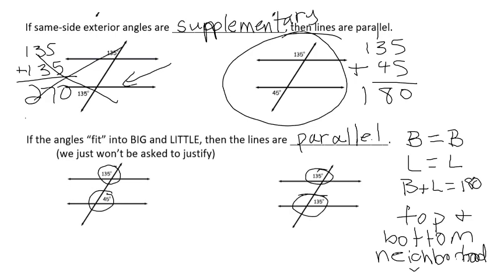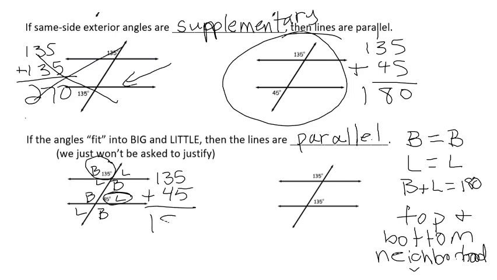So far I can consider those, but I've got to go through, let me erase my circles, and label my B's and L's and see which one works. One will and one won't. Okay, so here I have a B and an L. Well, that looks like it adds up to 180.